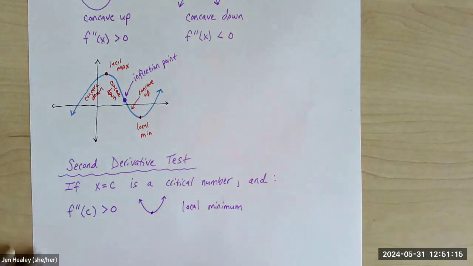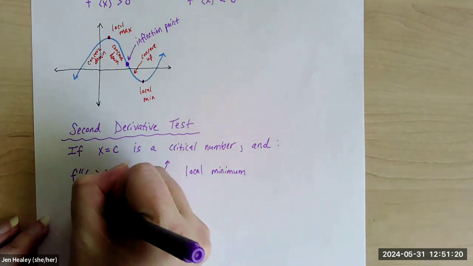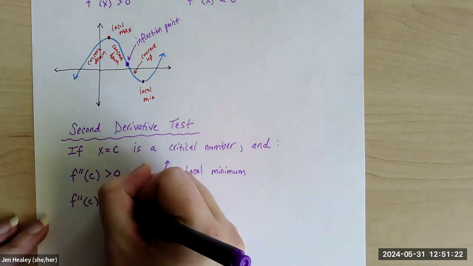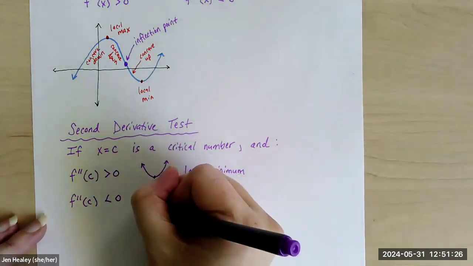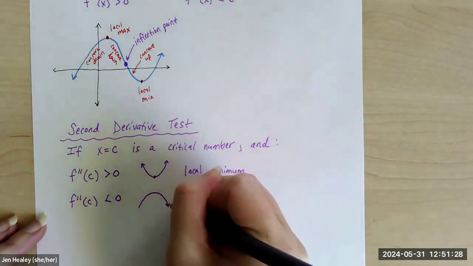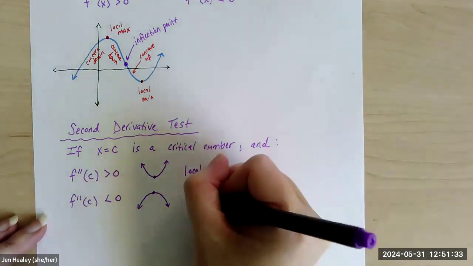If instead the second derivative calculated at c is less than 0, then we're concave down, and that would make this a local max instead.